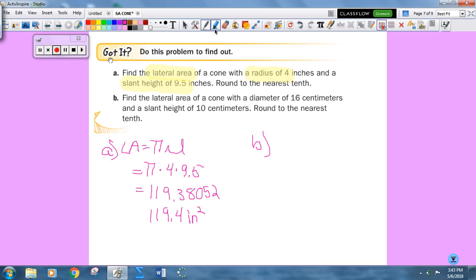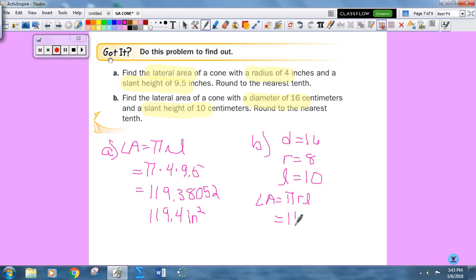So now when I'm looking at B, again I'm looking for the lateral area. This time they tell me the diameter is 16 and the slant height is 10. So diameter equals 16, which means my radius is 8 because I divide the diameter by 2. Slant height is 10. So again, lateral area is pi RL.